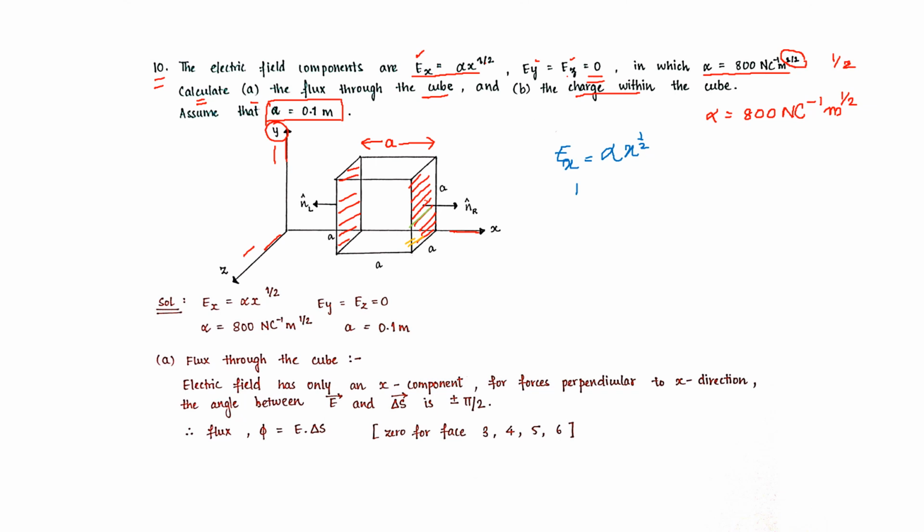But what about the electric field along the y-axis and the z-axis? In the question it is given 0. So these four faces of the cube, 1, 2, 3 and 4, do not play any role in the flux through the cube. The only faces which play a role are 5 and 6.